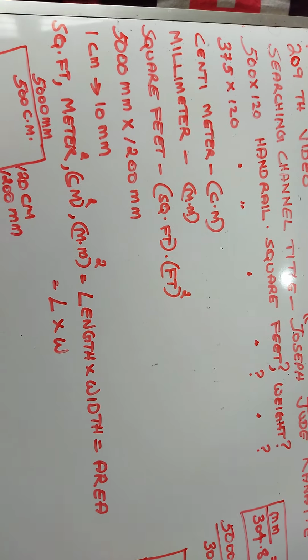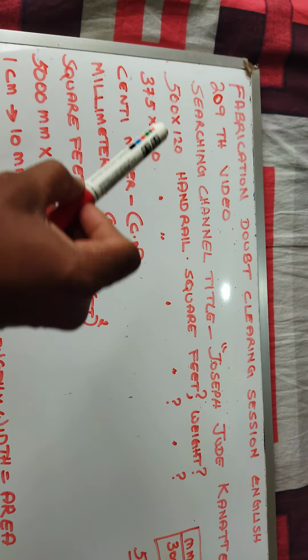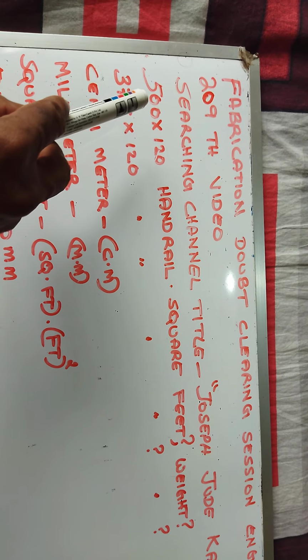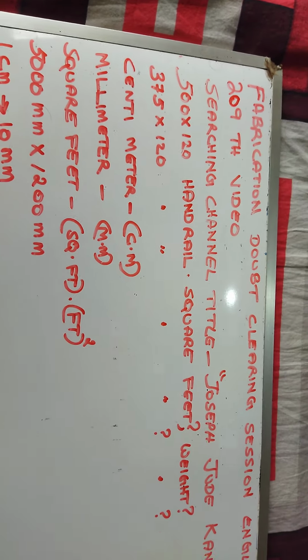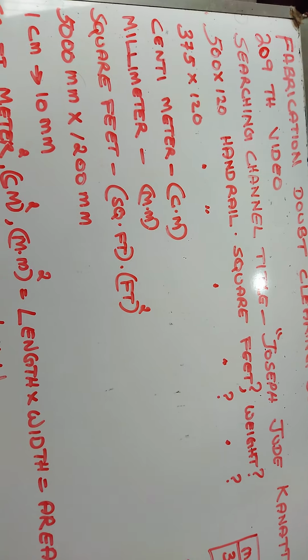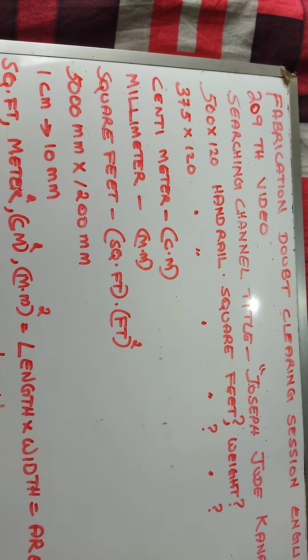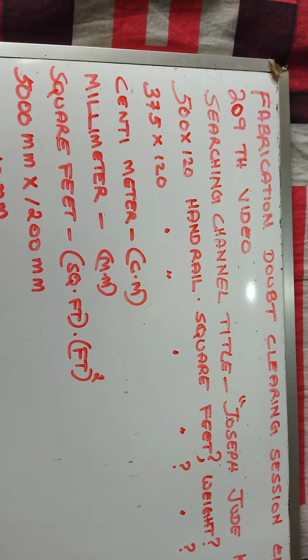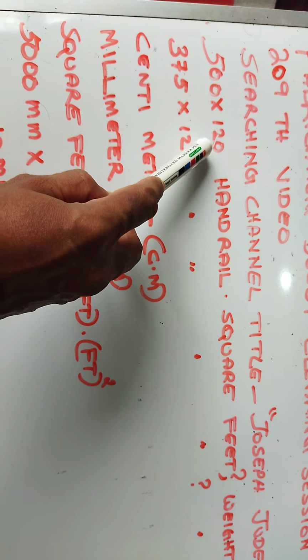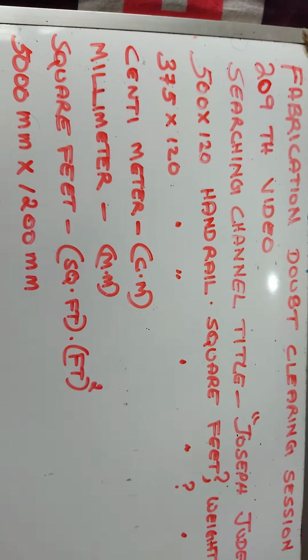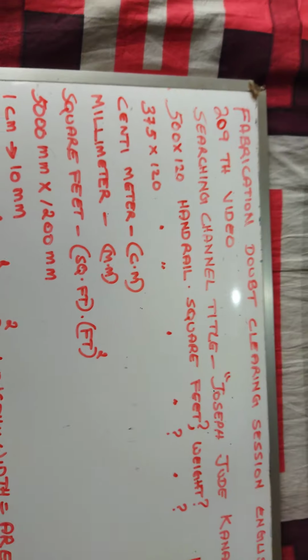Like that, millimeter square also. But your question is without unit, 500 into 120. There is no unit written. Nobody can understand whether it is millimeter or centimeter or meter or feet or inch.